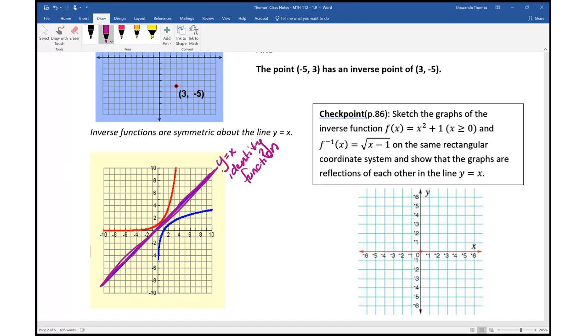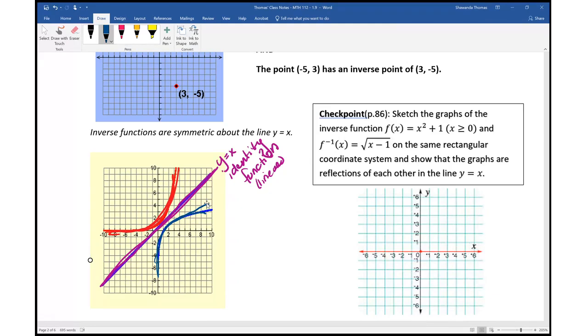Yes, the identity function is linear. But notice that if we folded this blue side over here and this red side over here, right? We folded it across that line y equals x, then they will basically be mirror images of each other. So that's all it's saying. That's one way you can determine if you have functions that are inverses of each other.